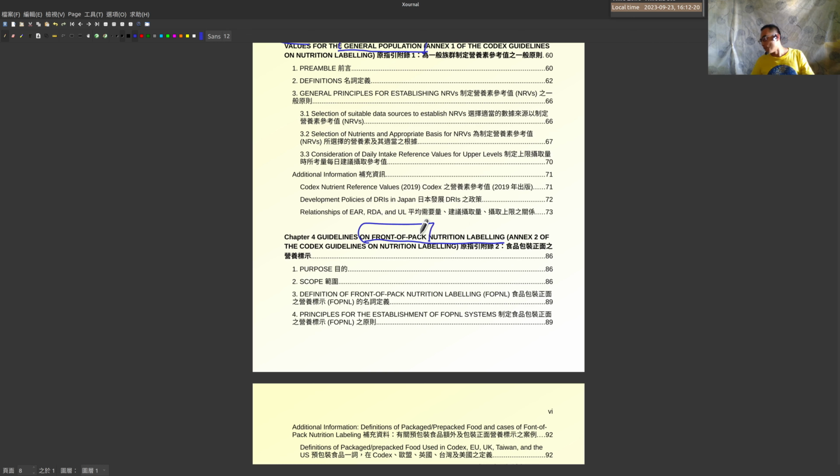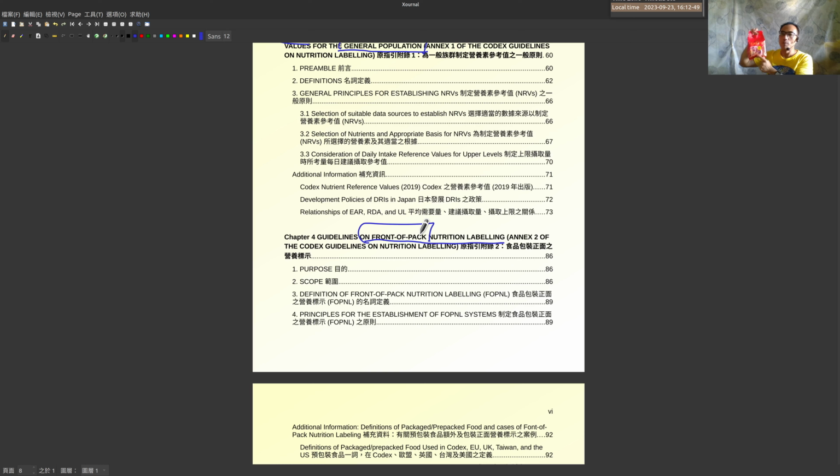For example, a company gave me a gift like this, and here is the packaging. Packaging means the materials outside the package. Okay, the packaging. And here is the back side. There is some information about food content and the nutrition labeling. And here is the front of the pack.